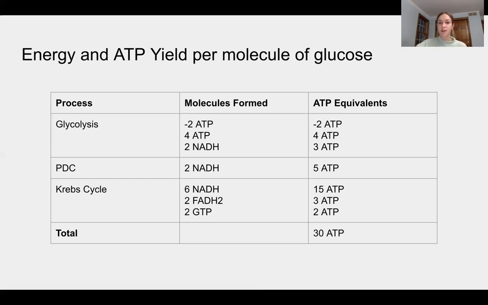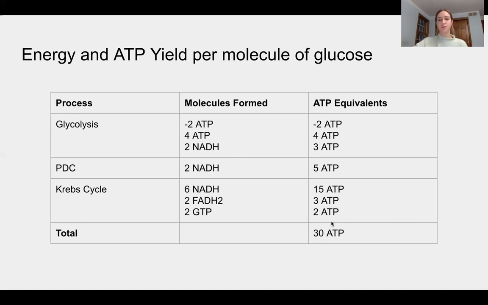So that is why in this case, only 3 are produced, whereas for prokaryotes, there would be 5 in this step. But in general, when not talking about glycolysis on the MCAT, 1 NADH equals 2.5 ATP. So that's the standard. This is an exception, but you should still commit this chart to memory.